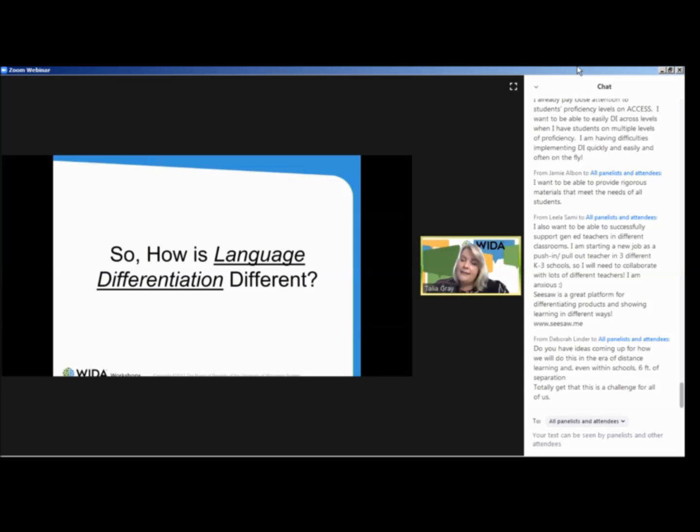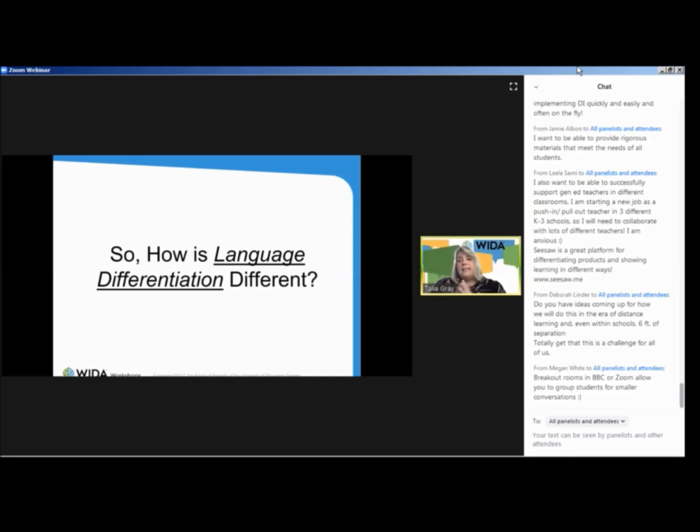One thing that was important for me as a co-teacher when the students were in distance learning: my homeroom teachers and I would set up Zooms, and the students who came, we would then put into different Zoom rooms.